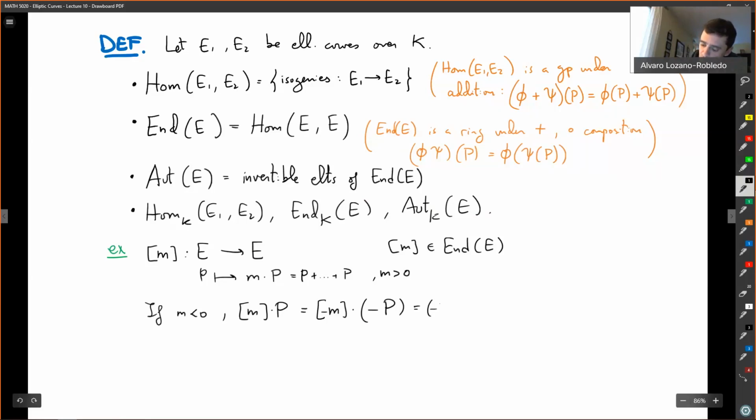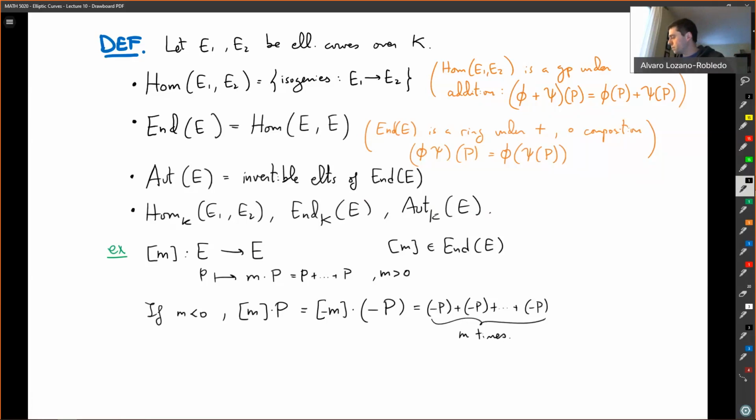So this is minus P plus minus P plus minus P, m times. And notice that, again, minus is a morphism and multiplication by m is a morphism. So now this is all a morphism also.